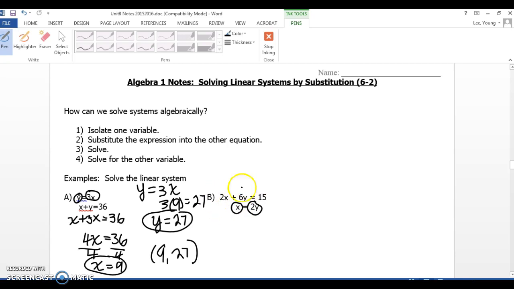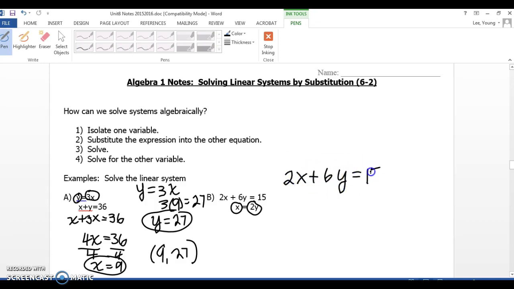So look at this top equation. I'm going to rewrite it so that you can all see it: 2x plus 6y equals 15. Now, as you know, x is the same as 2y. So instead of this x right here, can I just put 2y there?